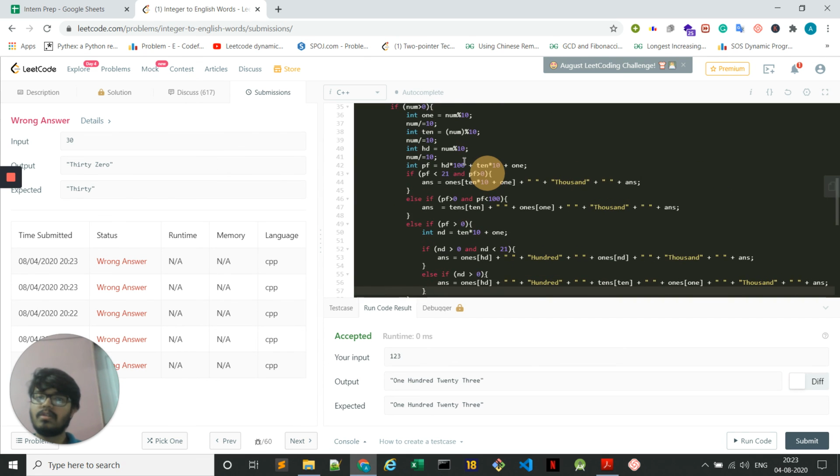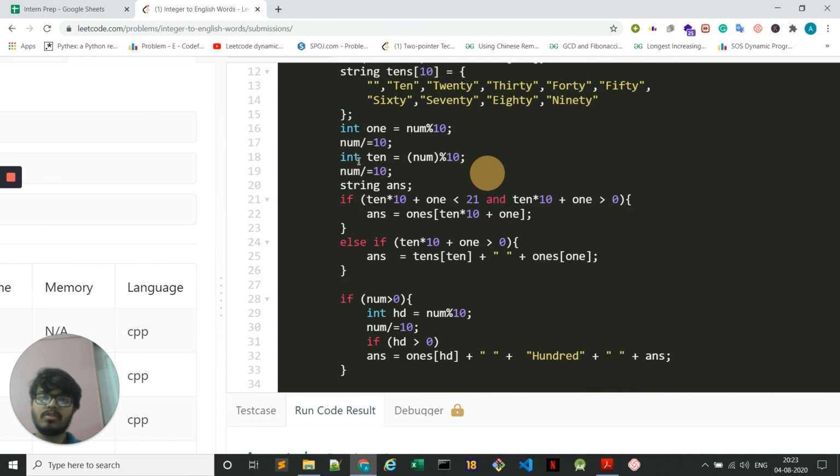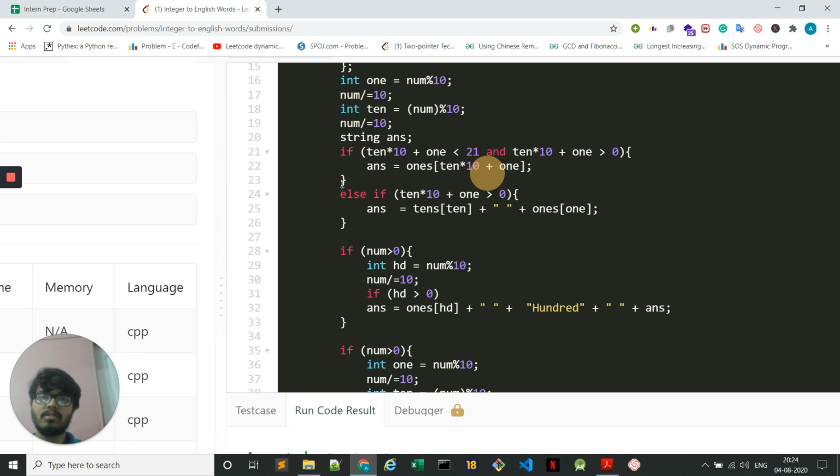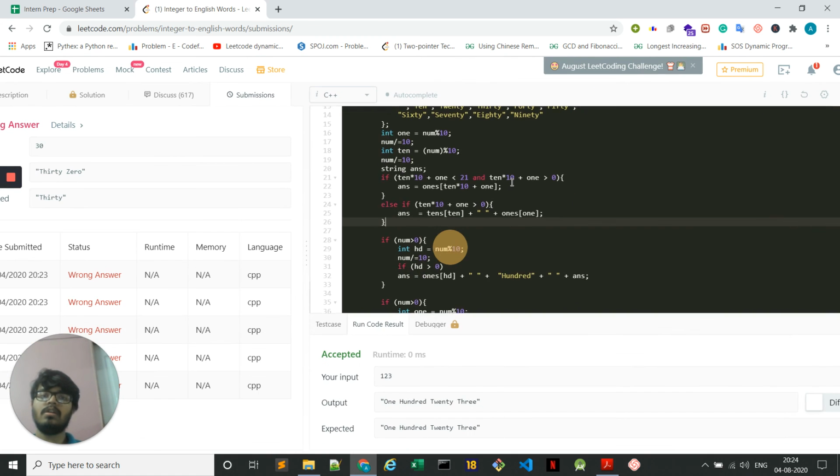Okay, 30, there are just two digits. So it is like the trivial case. We first found out the 0, then we found out the 3. Yes, 30.